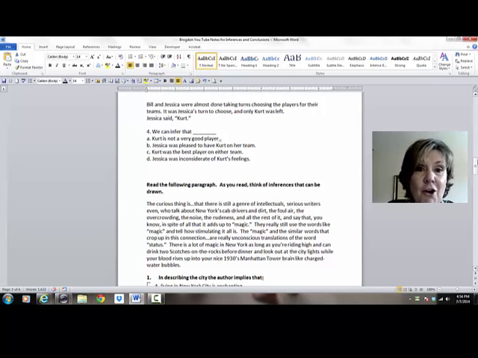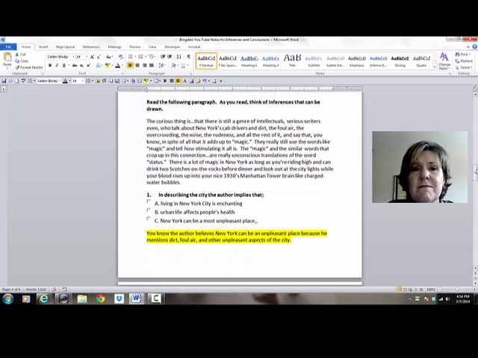Well, we can infer that Kurt was not a very good player because he was the last one chosen and he was the only one left. So there was nothing in this passage that said anything about her being glad he was on her team or inconsiderate or anything like that. So he just wasn't a very good player.